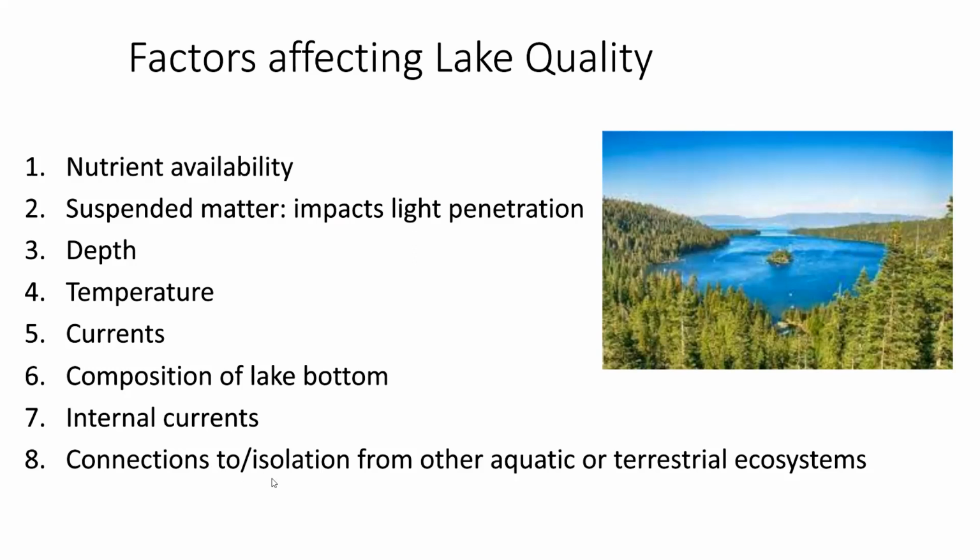And then finally, connections to and isolation from other aquatic and terrestrial ecosystems. One thing with this is acid rain. Ecosystems that are in areas that have large amounts of limestone in the bedrock are going to be better able to handle acid rain than areas that don't have as much limestone.